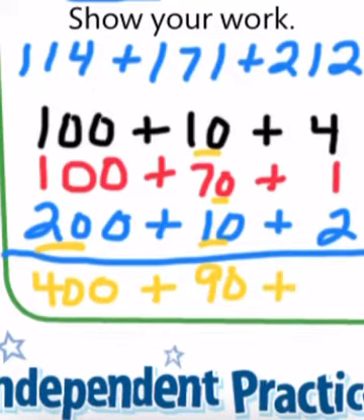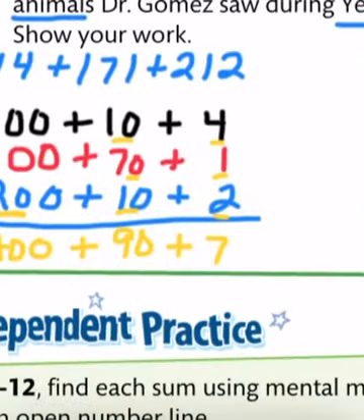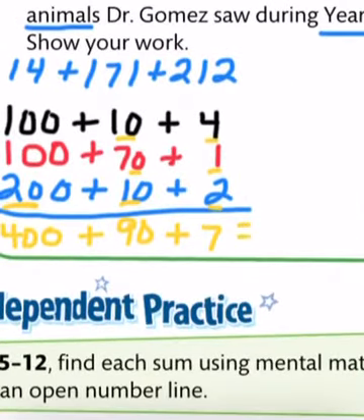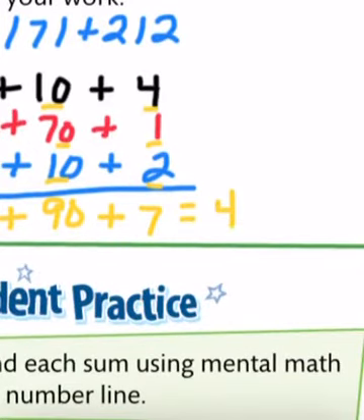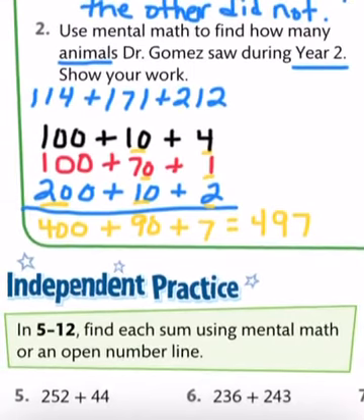And then add up all these ones here. 4 plus 2 is 6, plus 1 more is 7. So I have 400 plus 90 plus 7. That equals 497. So that's one strategy that I would use, looking at today's topic of how we can add up numbers.